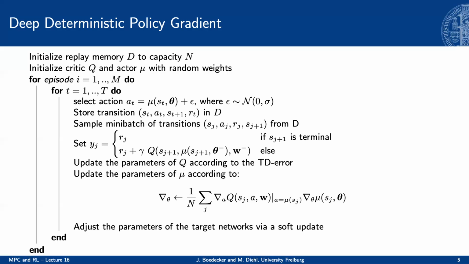So again, that is the gradient of the Q function with respect to the action, evaluated at the action that the actor would give us in the state, multiplied by the gradient of the actor with respect to its parameters for the given state. And we adjust the parameters of the target networks as well, given the soft update that you saw on the slide before.